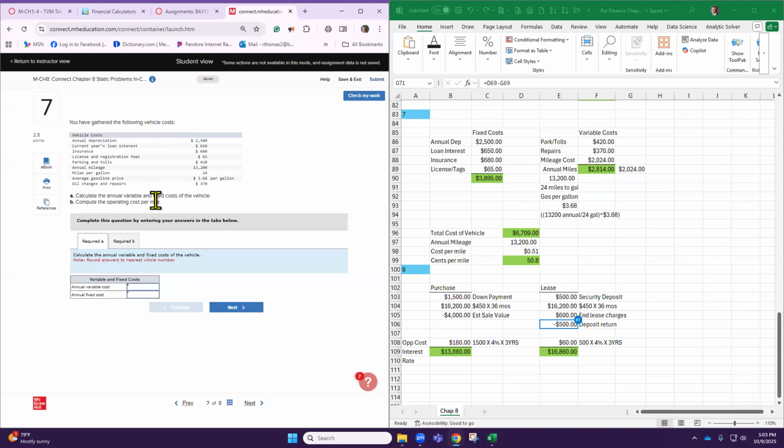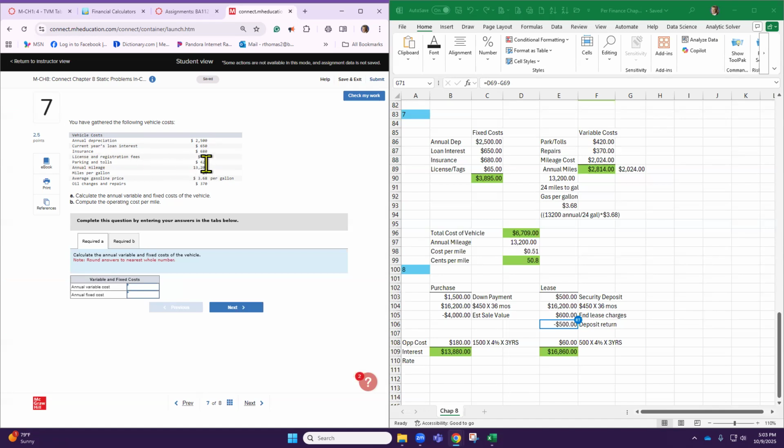Let's look. We have annual depreciation. What that means is as the car ages and as you drive it, it loses a certain amount of value. It looks like we have financed this vehicle because we have loan interest that we pay, and then we pay insurance to make sure that we aren't uninsured, and then we pay the fees for the license and the registration.